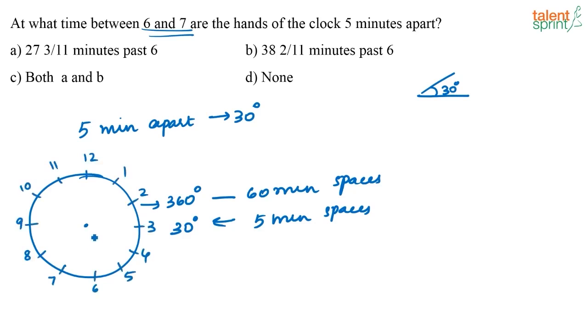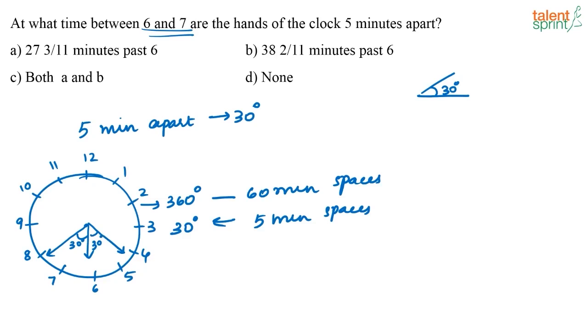One possibility is the hour hand is somewhere here and the minute hand is somewhere here. Now this angle will be 30 degrees. The second possibility is where the hour hand is somewhere here and the minute hand is somewhere here. Again you will have another 30 degrees. So there will be two times between 6 o'clock and 7 o'clock when the angle between the hands of the clock is 30 degrees.